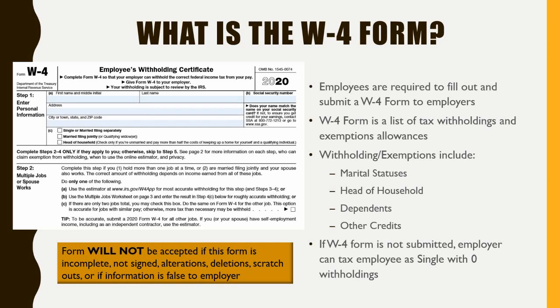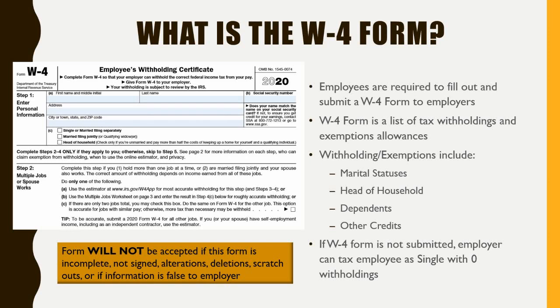It looks very different. If you are looking for a job as of 2020, you need to fill this form out. And it's completely different than the one that we're going to be looking at in order to calculate payroll.